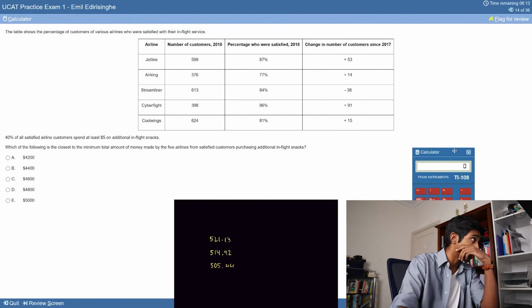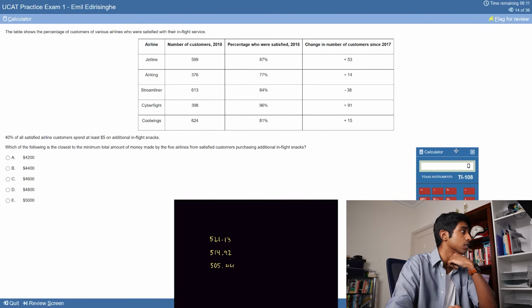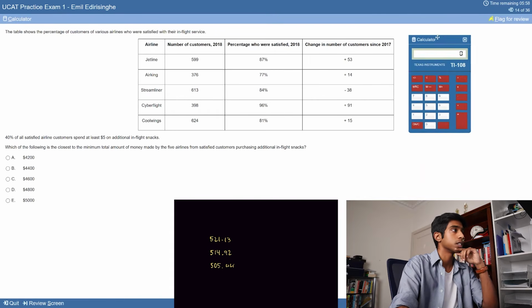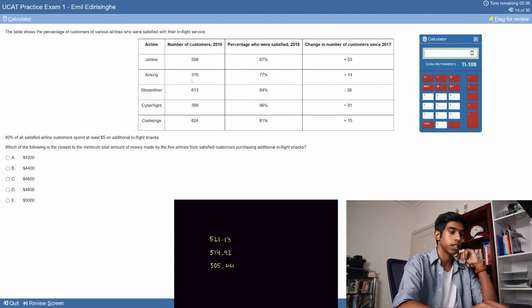40% of all satisfied airline customers spend at least $5. Which of the following is close to the minimum total amount of money made by the 5 airlines from satisfied customers? Okay. So let's calculate Air King. So 376 times 0.77.